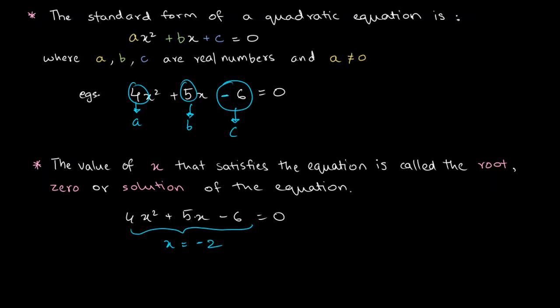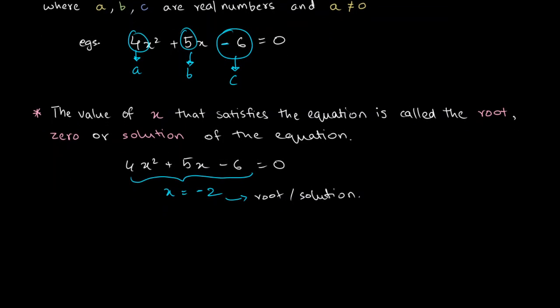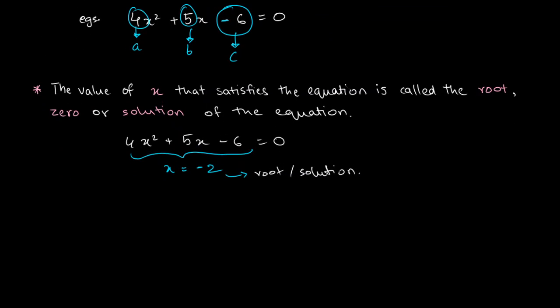So that means that minus 2 is a root or a solution to this equation, and that is what we'll need to be doing in our sums. We'll be given an equation and we'll need to find its roots or the solution for the equation.